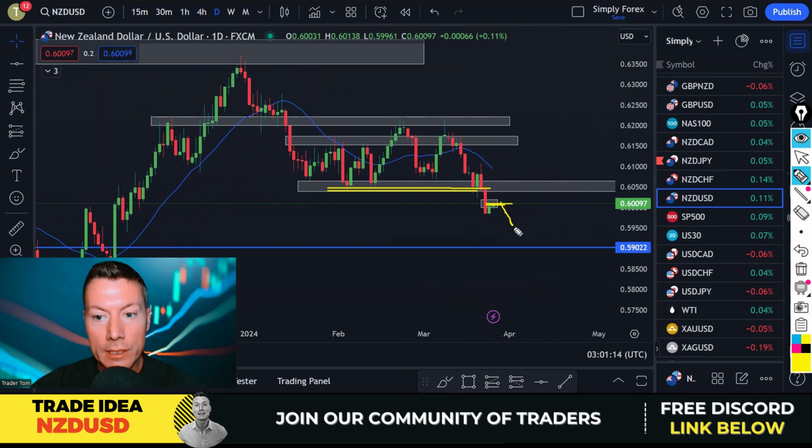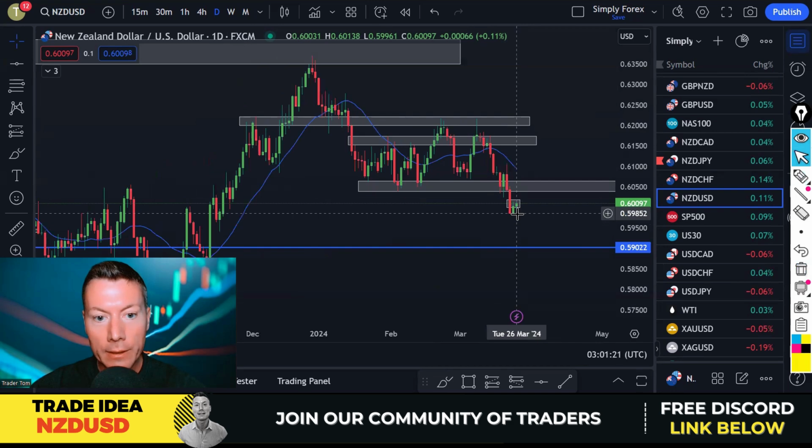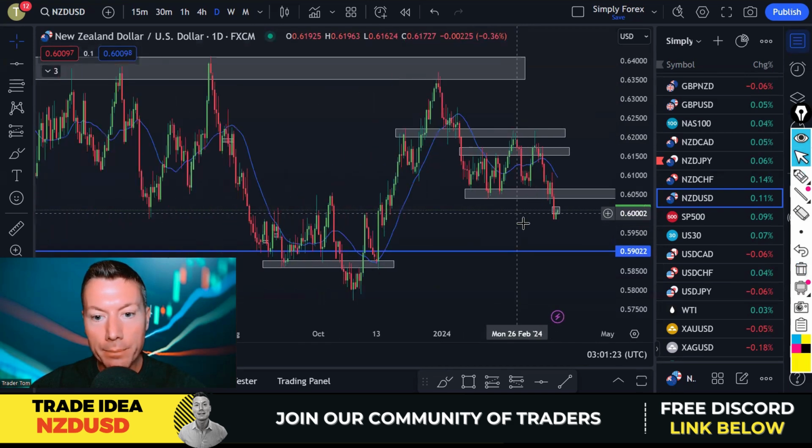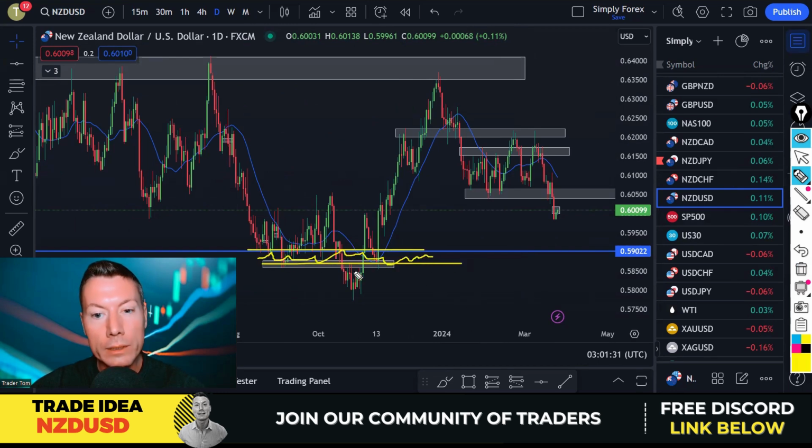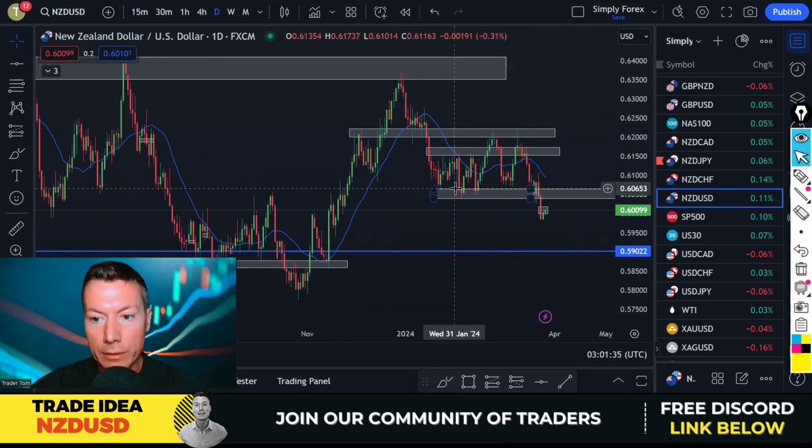There's no resistance really until we get down to this psychological level. In fact, let's have a look. If I get my big head out of the way, there's probably no real resistance until this level in here. You can see all this support. There's no real support until here. So we've got a lot of room to move into.